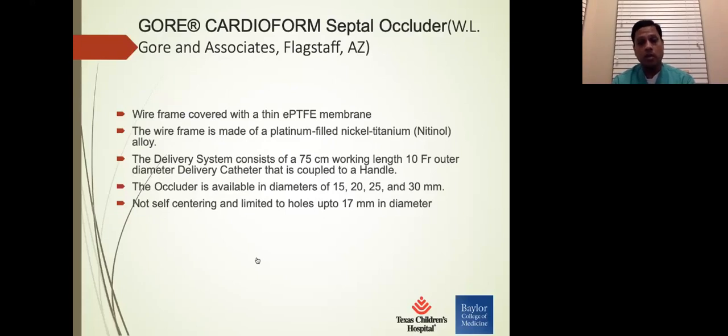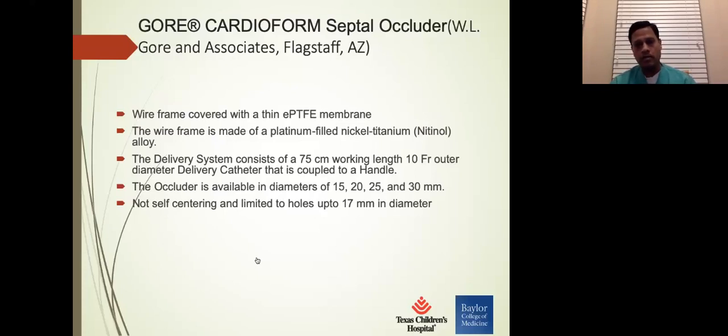This is not a self-centering device, which means there is a central waist which is fixed diameter. The device size can be from 15 to 30 millimeters. And once you put the device in, the device actually moves inside the septum, and depending on where it moves, there is some chance that there might be residual shunt after the ASD closure.